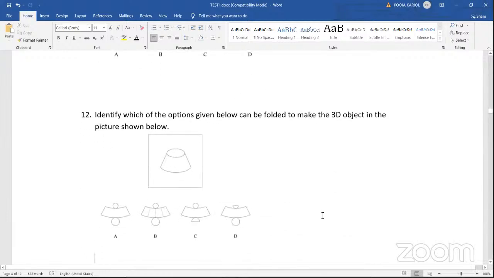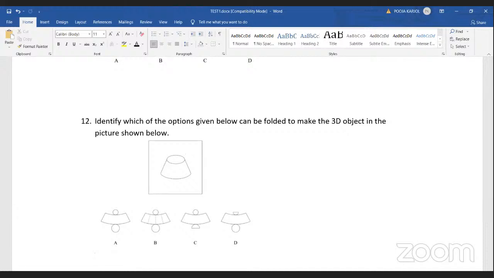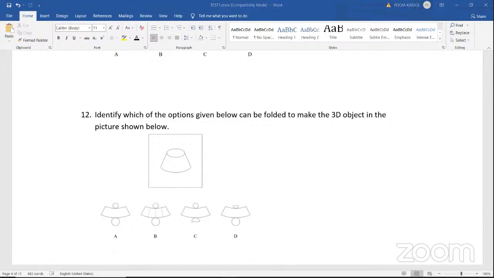What about this one? Option A. B. A is correct. Why it's A and not B is that B has the dotted lines, which means you are supposed to fold it there. If you fold it, what will you get? If you choose B, what will you get?